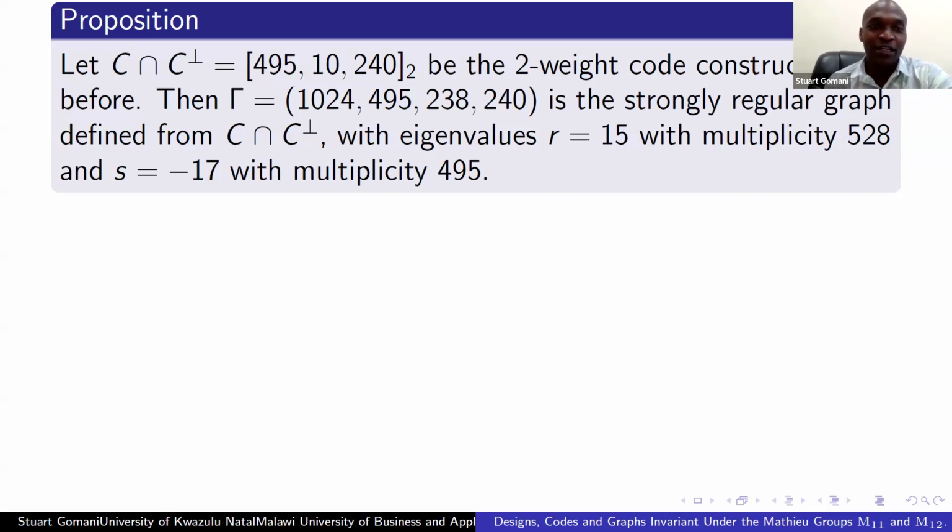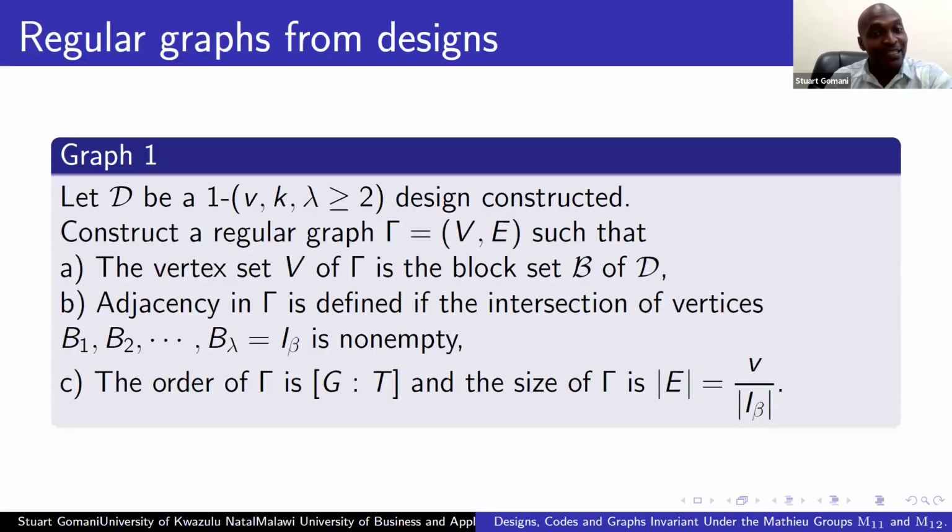And if you define that graph, the automorphism group of the graph is equal to the automorphism group of the design. And literature fell short of showing us exactly the graph. It's just stating that you can construct a graph without showing us exactly how that graph would look like. And we felt like we should fill that gap by defining that graph that will have those relationships.